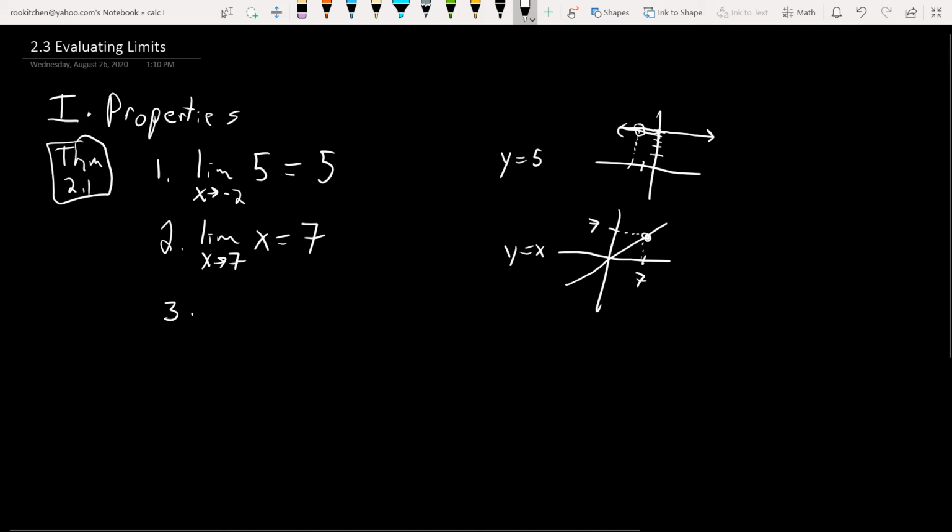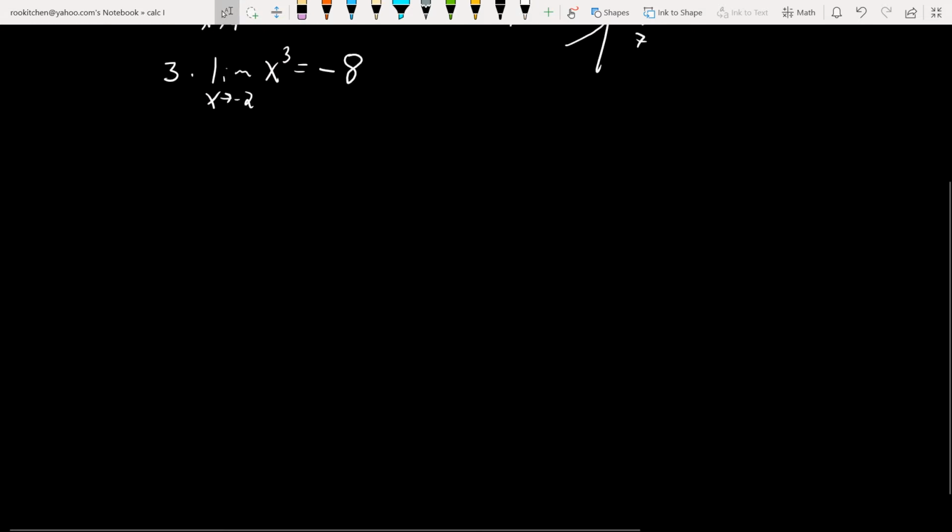Just like this last one, the limit as x goes to -2 of x to the third power. You just plug in -2 for x, and -2 times -2 times -2 is -8. You could also graph it and take a look, but that's the idea. So this is the first set of properties.